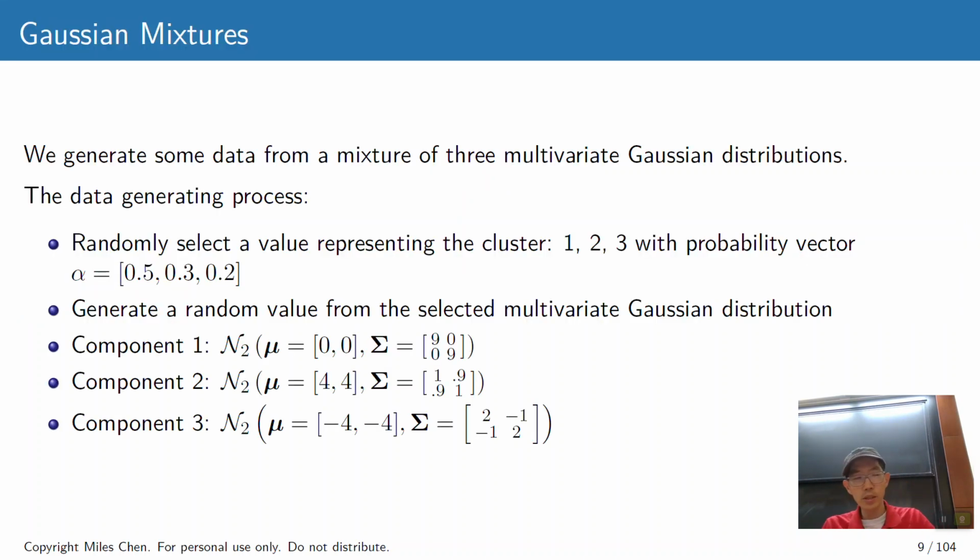And so the idea here is the data we have is going to be a mixture of 3 multivariate normal distributions. So this is going to be our data generating process, and we're going to have data coming from these 3 different classes.